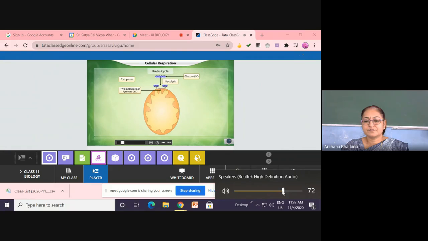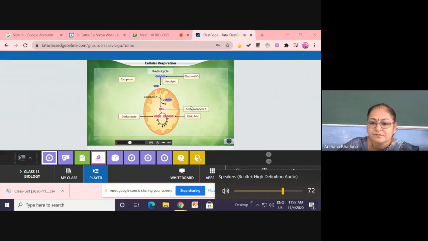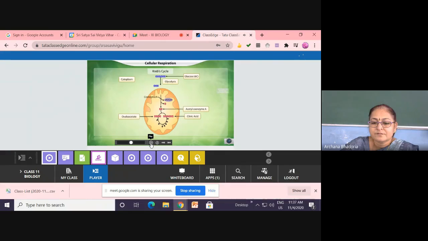In the presence of oxygen, pyruvate enters the mitochondria where it undergoes decarboxylation to form a 2-carbon compound called acetyl coenzyme A. Acetyl coenzyme A enters a set of cyclic reactions by combining with the 4-carbon compound oxaloacetate to form a 6-carbon compound, citric acid. As citric acid is the first product of the cycle, this cycle is called.